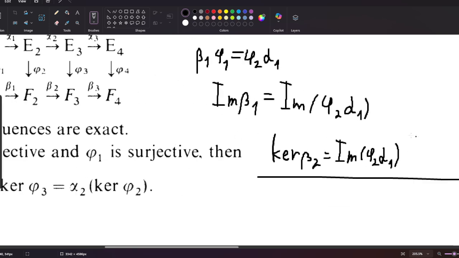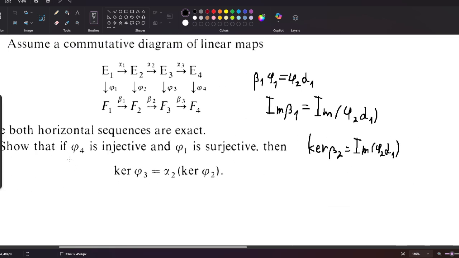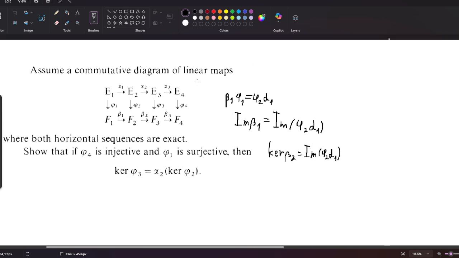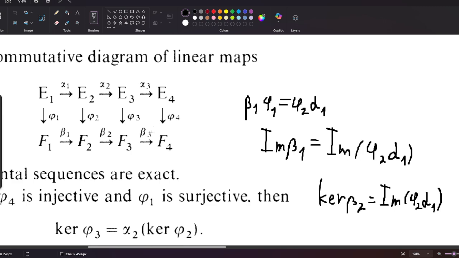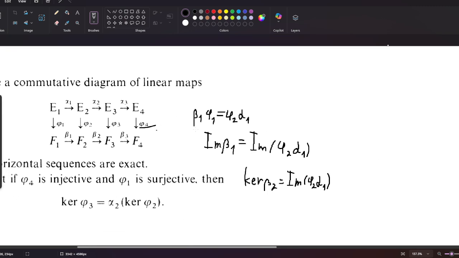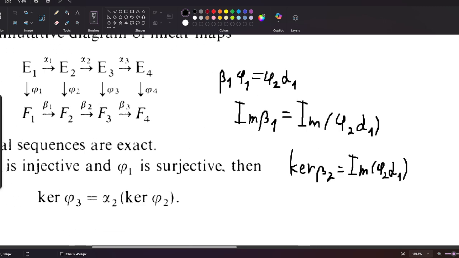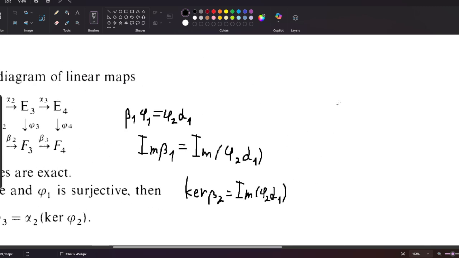Cool. Now let's observe what the fact that phi 4 is injective gives us. Since it's injective, the kernel of phi 4 is just 0. So let's review two compositions. Phi 4 alpha 3 is equal to beta 3 phi 3.